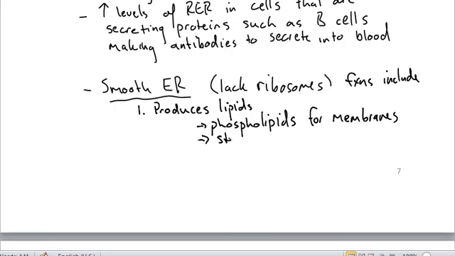And steroids, such as testosterone. And they also detoxify drugs.